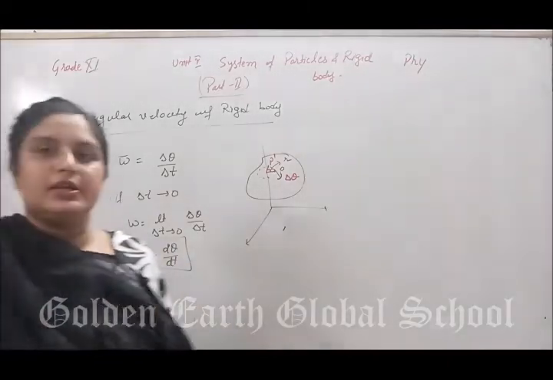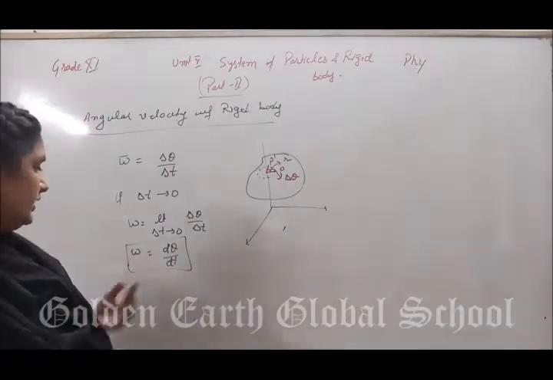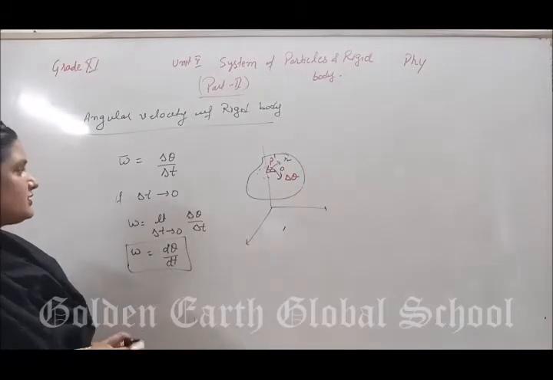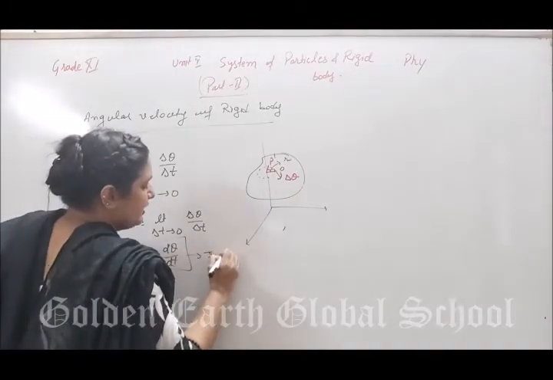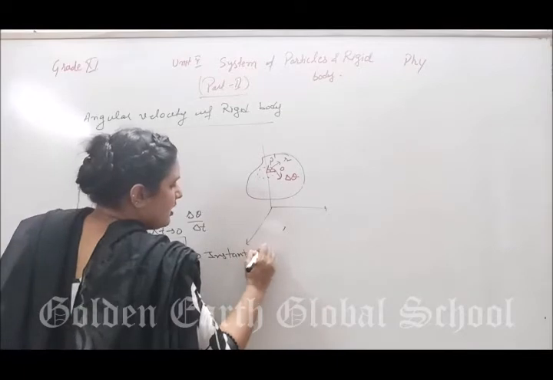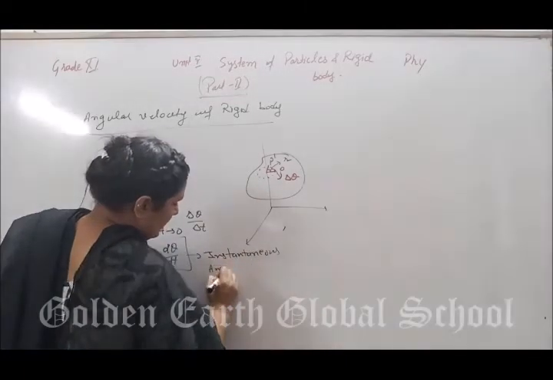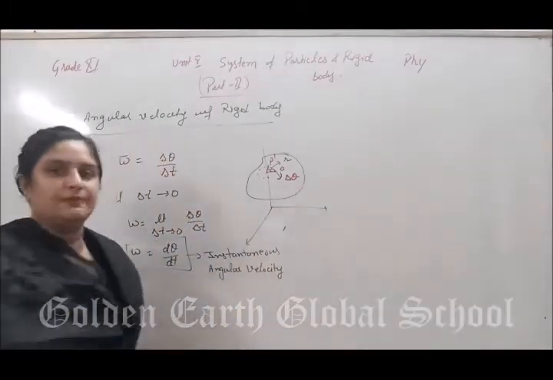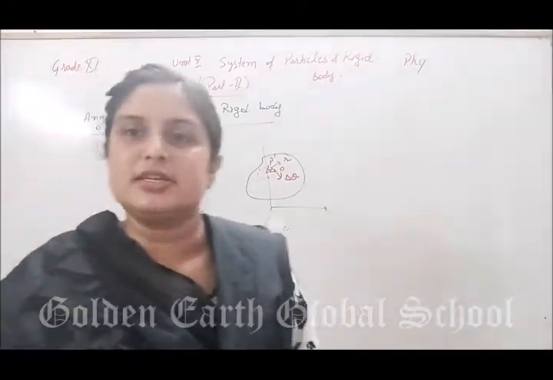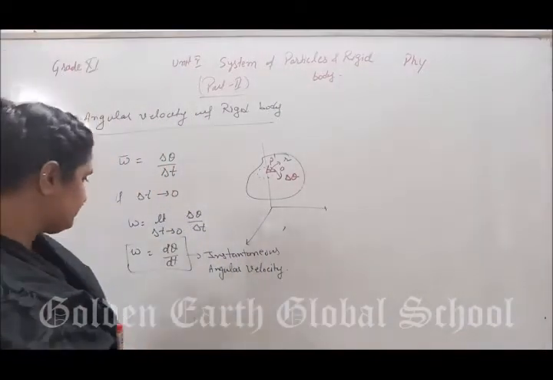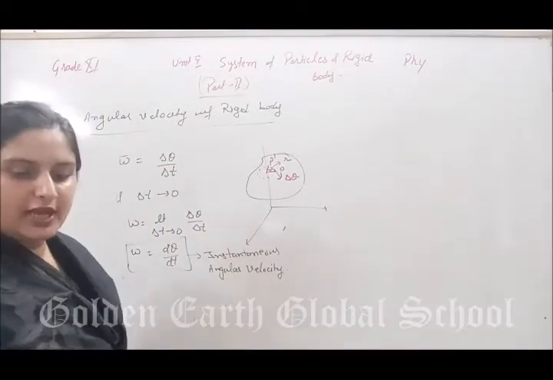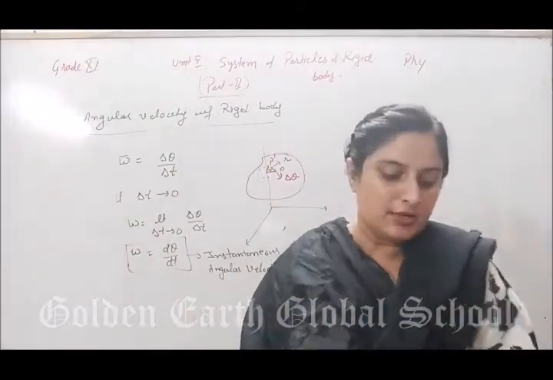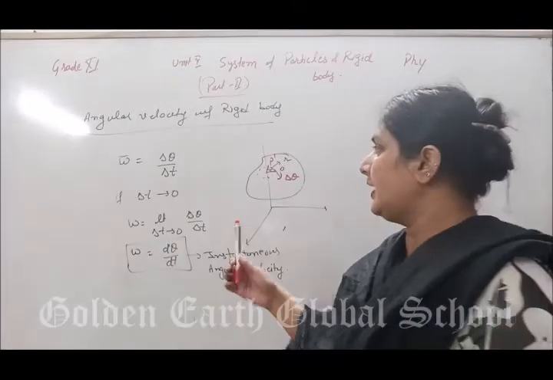This is the angular velocity of the particle, and it is called the instantaneous angular velocity of the object, given by omega equal to d theta by dt. Clear?